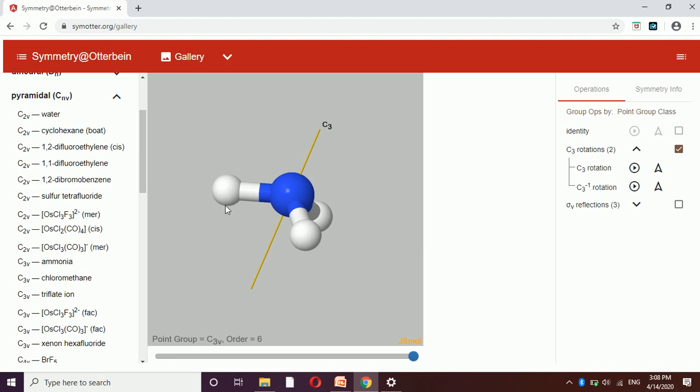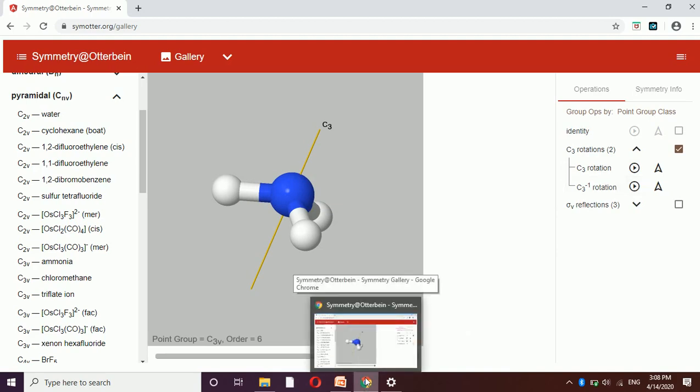When you do once more, this hydrogen will come here. This is C3 2. You can do the same thing in reverse. C3 inverse, clockwise rotation. The first rotation was anti-clockwise, C3. Here I am rotating C3 inverse. So C3 inverse is actually equal to C3 2.